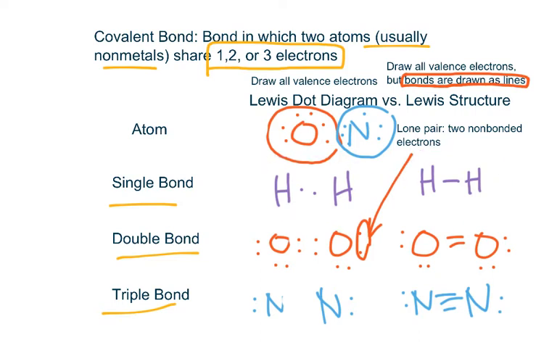Now, you might be wondering, why do atoms make single, double, or triple bonds? Well, hydrogen has 1s1, and it wants a full valence shell. So, if another hydrogen atom pitches in to give it an extra electron, then this will become 1s2. And remember, for hydrogen and helium, 1s2 completes the valence electron shell, and that makes atoms stable.